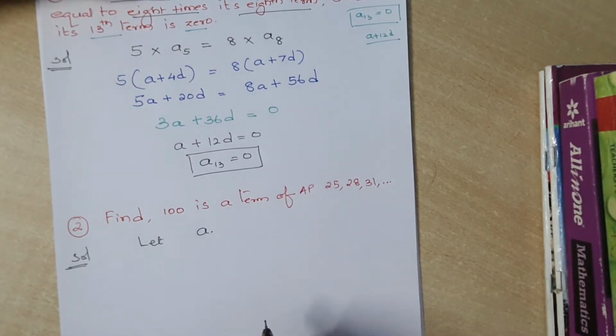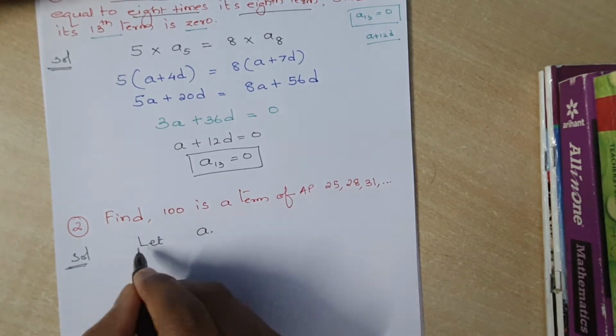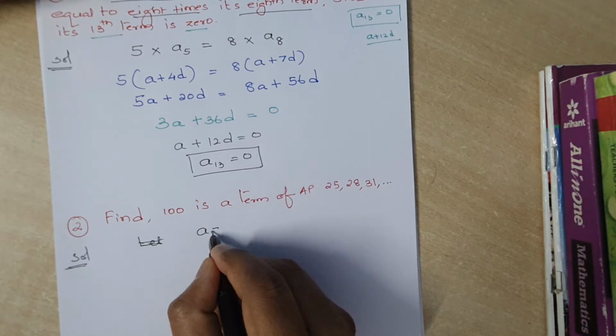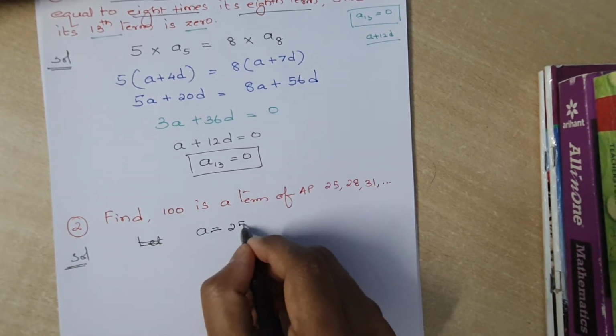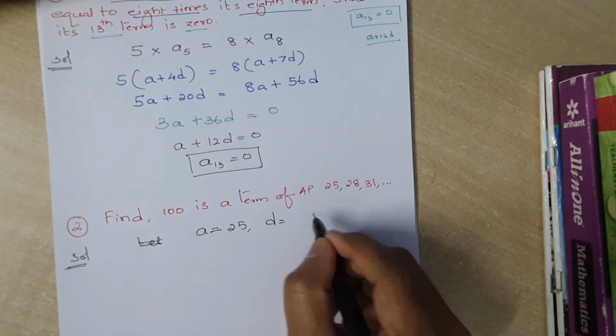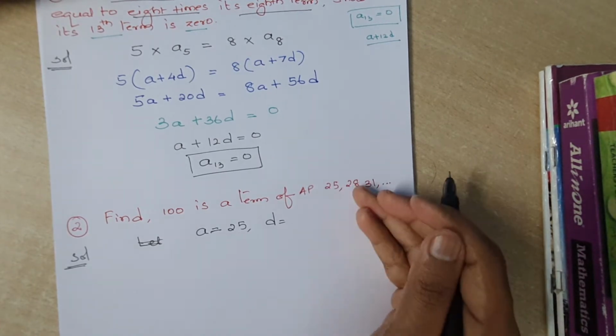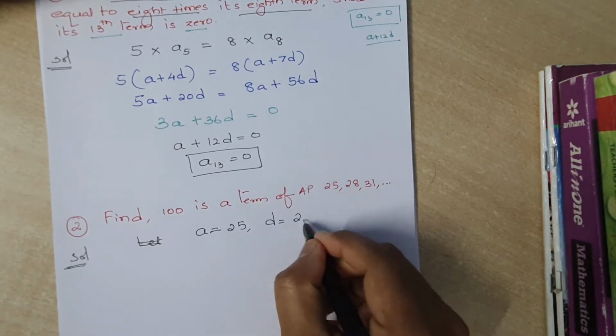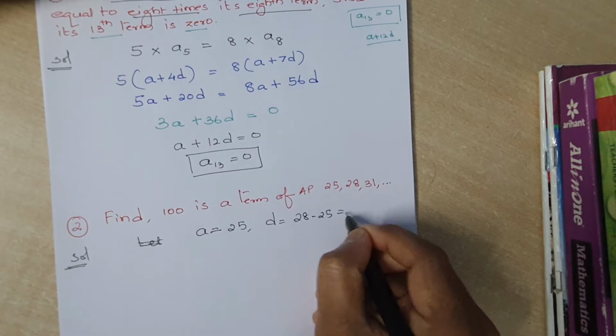But before we write that, we will first write what is A and what is the common difference. A is equal to 25, D is the successive term minus the preceding term, that is 28 minus 25, which is 3.